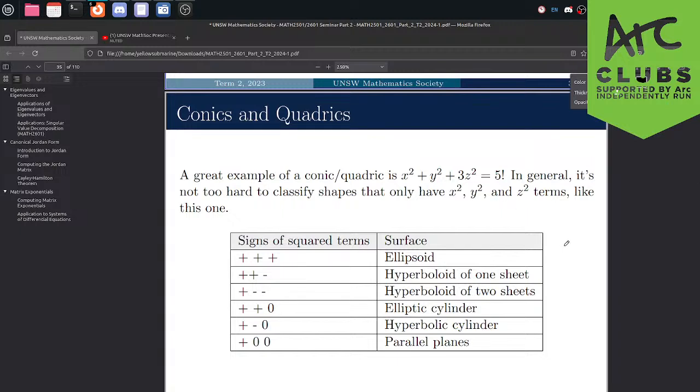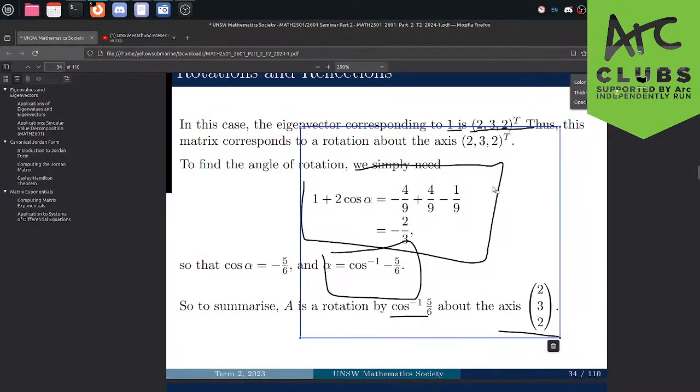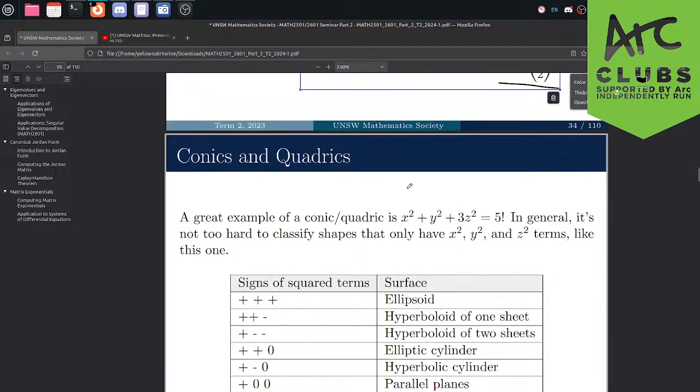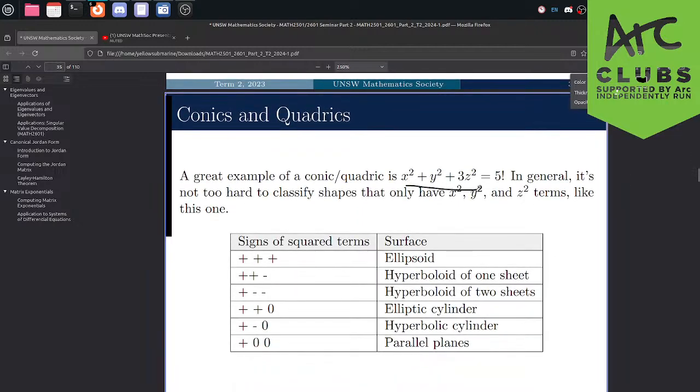Conics and quadrics. Conics and quadrics refer to the set of shapes defined in this form here, like ax squared plus by squared plus cz squared plus some xy, xz terms and a constant term. So this is pretty complicated for a 3D expression.